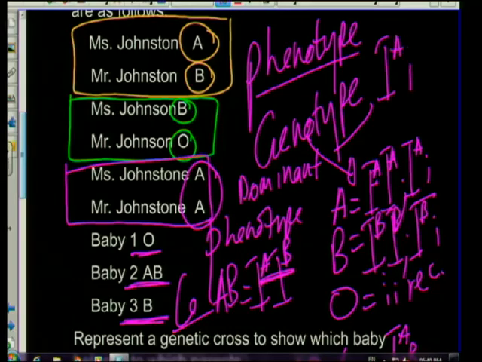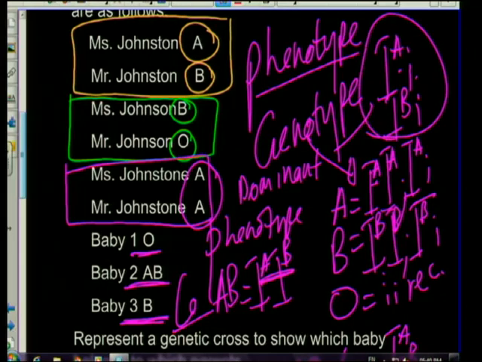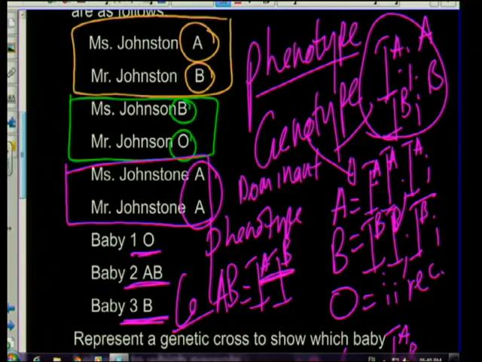At the same time, we're seeing two classic examples here. When we see IA i or IB i, what does that tell you? One is dominant, one is recessive. So this is a case of complete dominance. When A and O or B and O get together, we see complete dominance because we say that the person is blood group A or blood group B. We don't say it's AO or BO. The O is not showing.